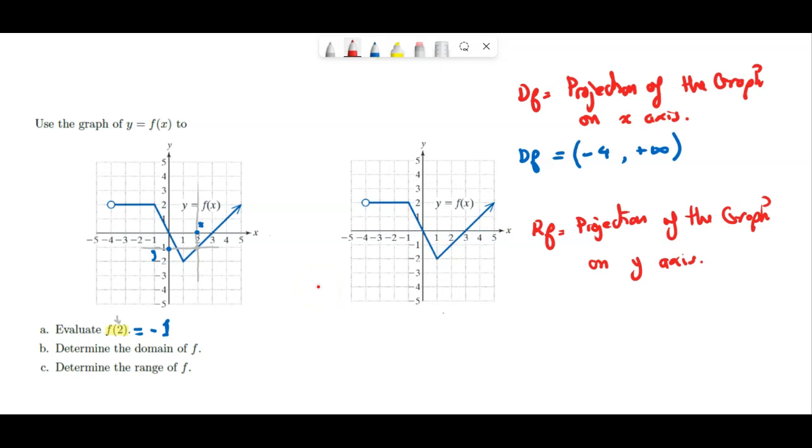So now for C, we are looking for the range of f. This is C. So it's the projection of the graph on the y-axis. And what is the meaning of this? Again, we're going to do the projection on this axis, which is the y-axis here. So remember that the shadow could come from the left side, so from this side, or it could come from the right side.